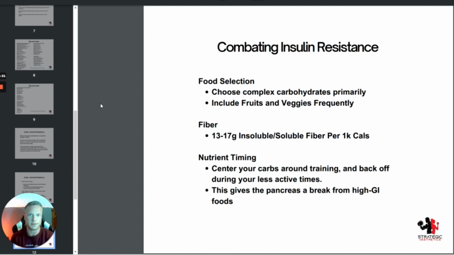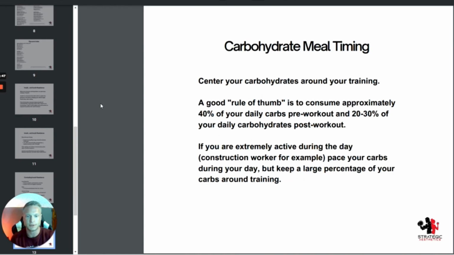Now, it might be the opposite if you train in the evening. The reason we're doing this is we're loading all the carbs in one direction, allowing our pancreas to work, dump that insulin, get that energy to perform the workout and recover, and then it's backing off towards the end of the day or the opposite end of that day, giving your pancreas a break and helping out with that insulin resistance.